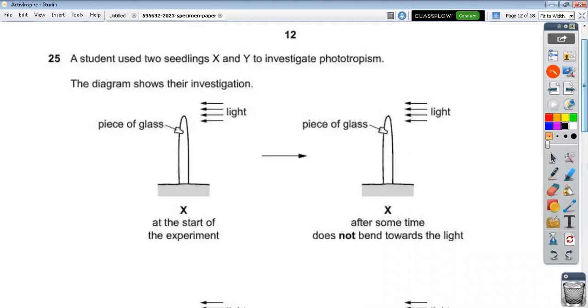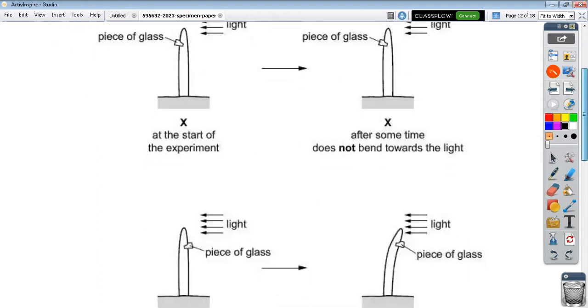Now, number 25. A student used two seedlings, X and Y, to investigate phototropism. The diagram shows you their investigation. At the start of the experiment, then after some time, X does not bend towards light.